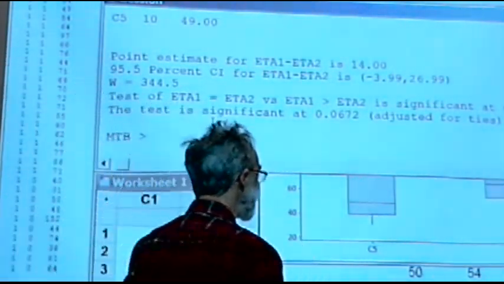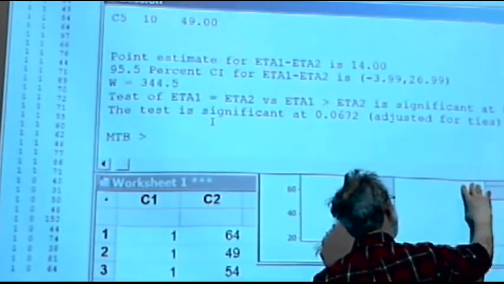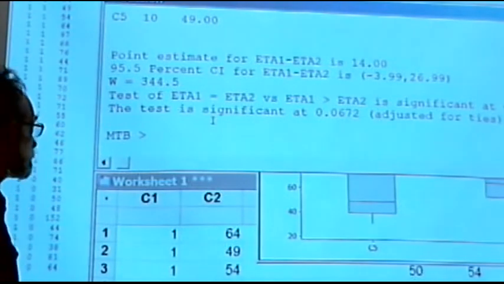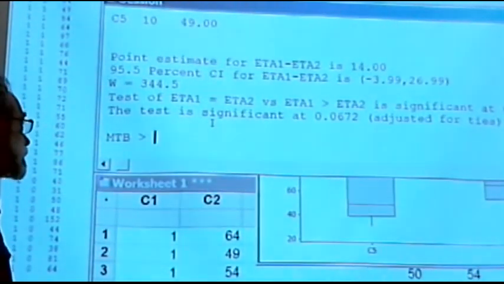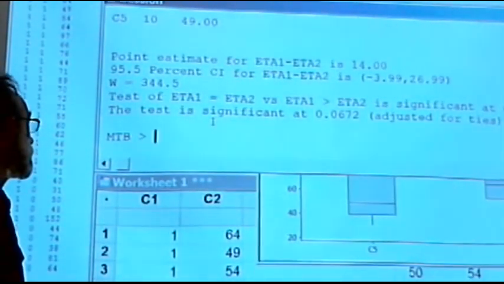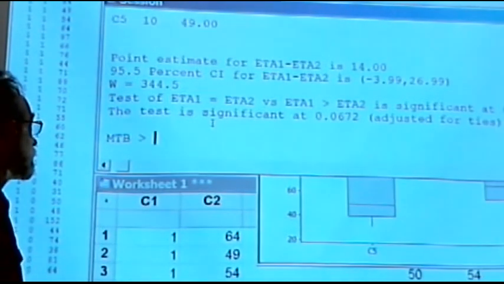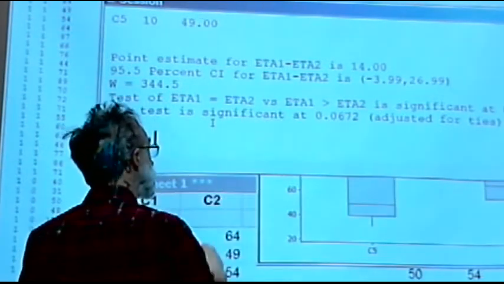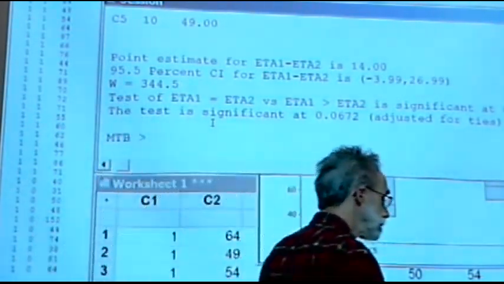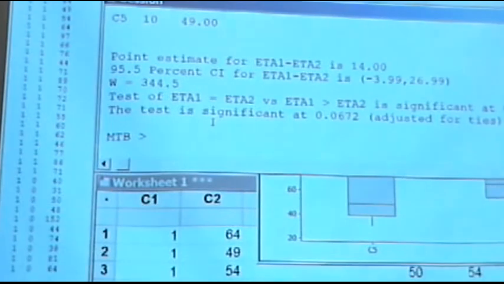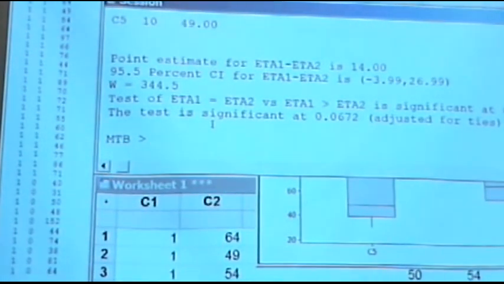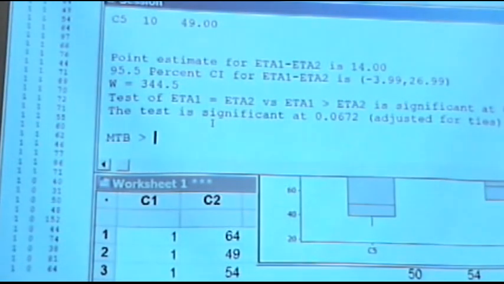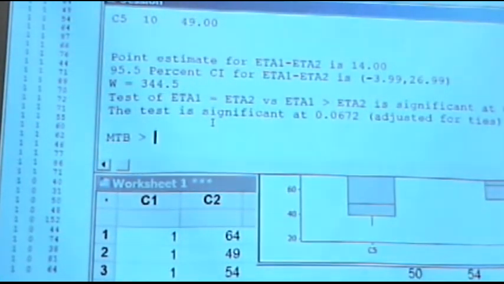You know the answer: these are up more than these. If your estimate comes out negative, you probably mixed up the columns. Delta hat on the first line is 14, so you reduced LDL by 14 units.